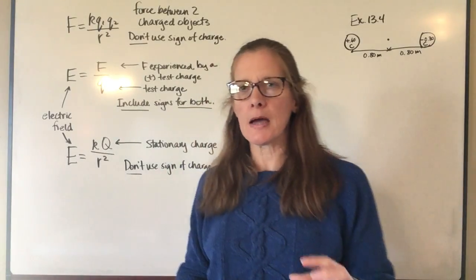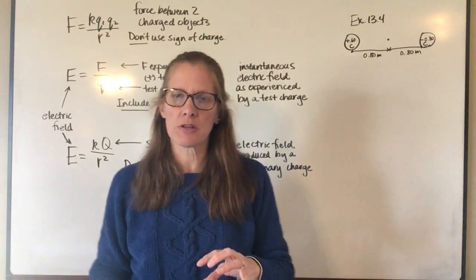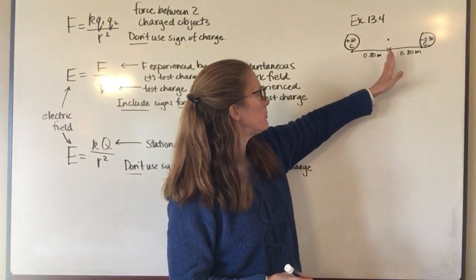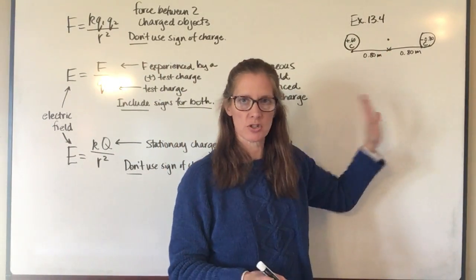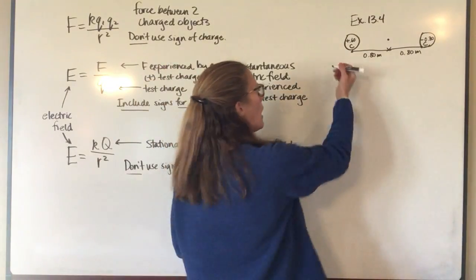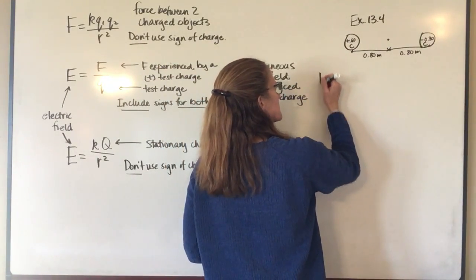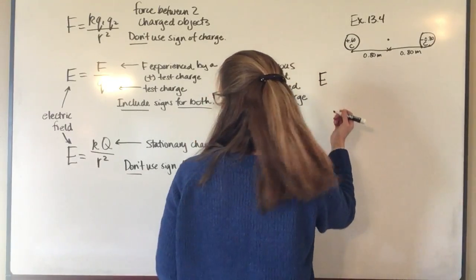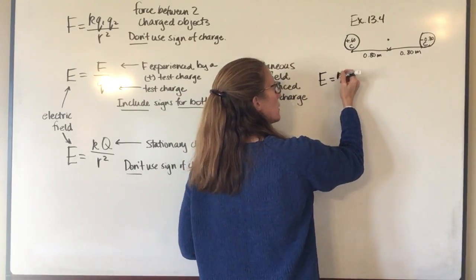Similar to what I had to do before, I'm going to calculate this electric field based on each one of the charges individually, and then I'll have to sum them up together. So I'm going to start with the positive charge, and I'm going to use kQ over r squared.